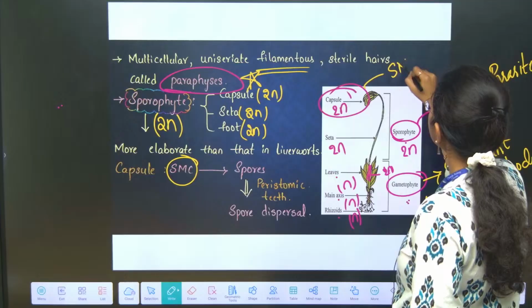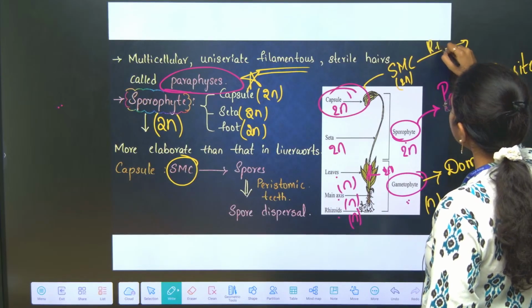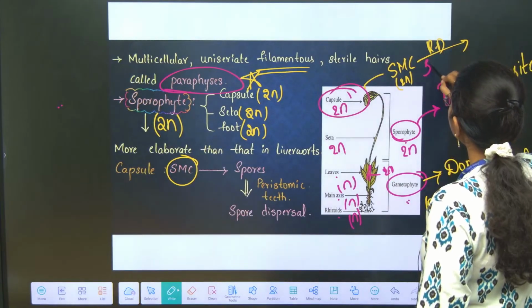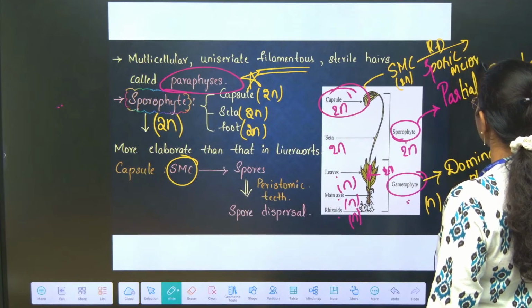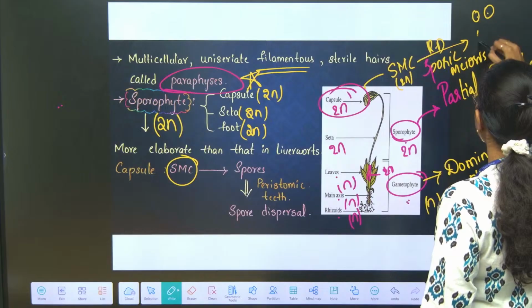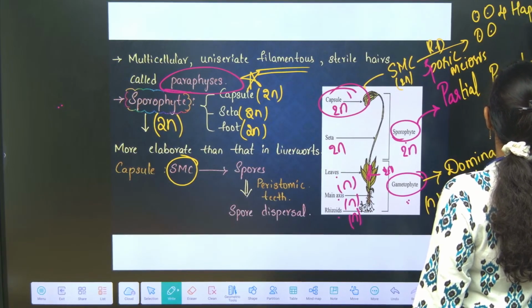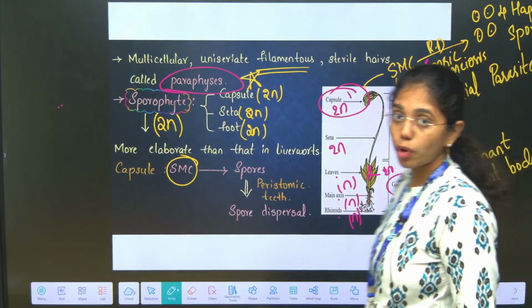Spore mother cells. Spore mother cell is diploid, which undergoes reductional division or meiosis, called sporic meiosis. Sporic meiosis forms 4 haploid spores.